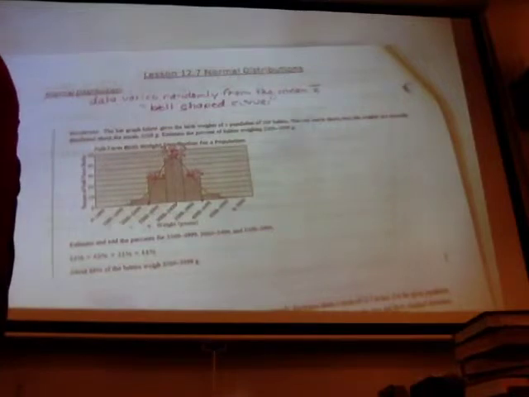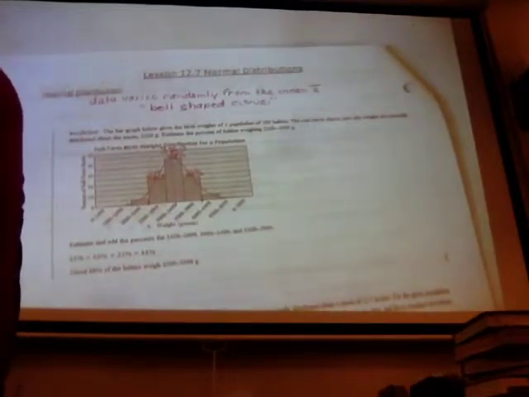This one here is 42%. And this one here is 23%. Look how nice and symmetrical that is. This is called a perfect situation type of thing. So you add up all of those and it's 88%. So about 88% of the babies weigh between 2,500 and 3,999 grams. Okay?